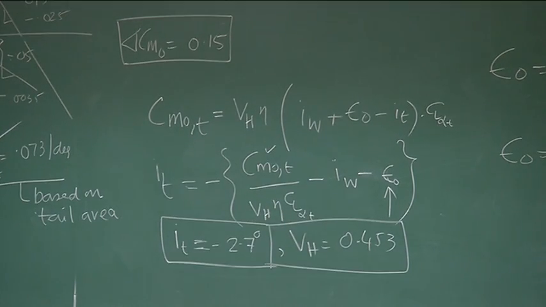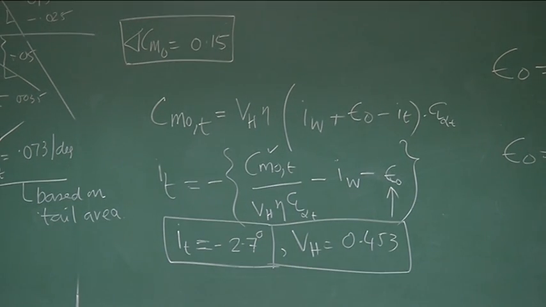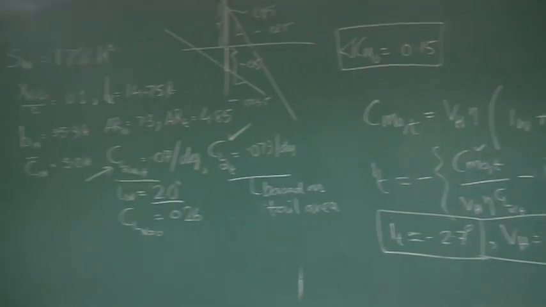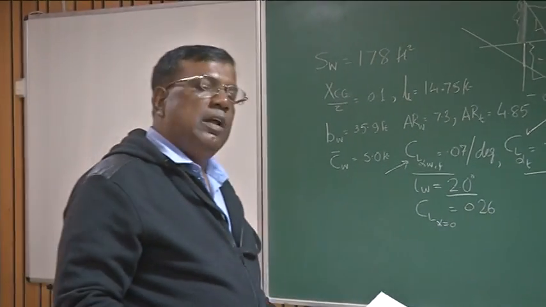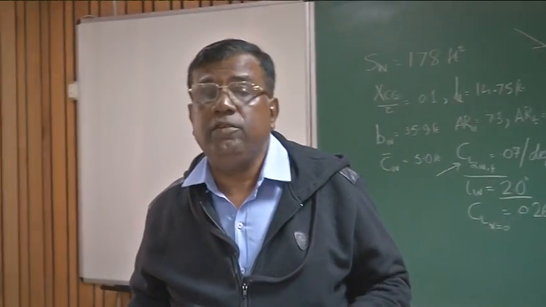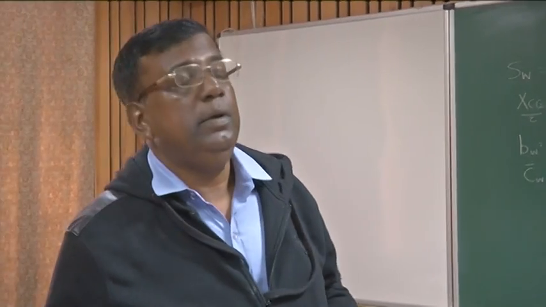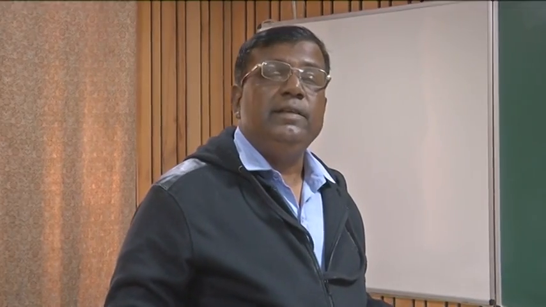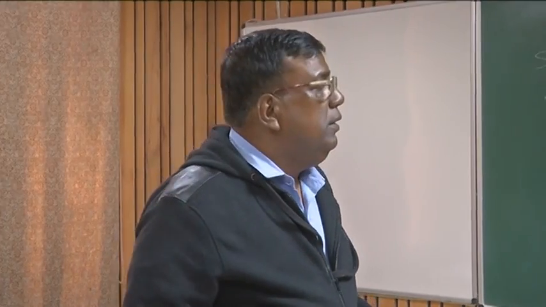So now to conclude, through this problem what we learned is that there is a wing fuselage combination which had Cm alpha negative. That means it is statically stable. That means most probably the AC of the wing is, why most probably? If Cm alpha is negative for a wing fuselage combination, it is sure that the wing AC is behind the CG of the airplane, right?